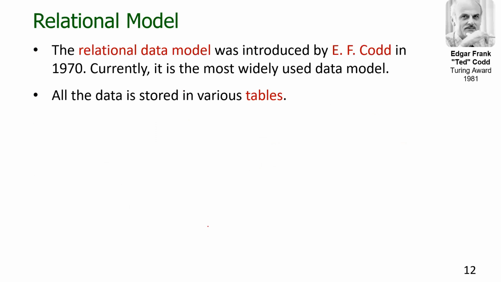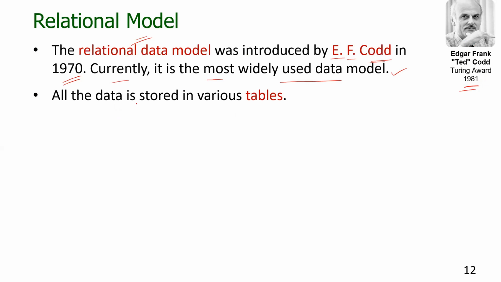Okay, here let us first briefly see the relational model. The relational data model was introduced by E.F. Codd in 1970. Currently, it is the most widely used data model. The diagram shows the picture of the founder E.F. Codd, who won the Turing Award in 1981.